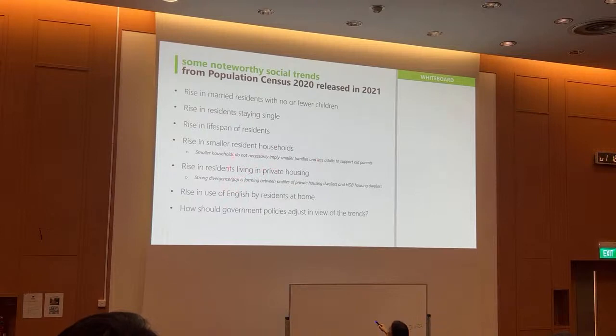Interestingly, there is this rise in residents living in private housing, and the study has found that you have a strong gap forming between the profiles of people living in private housing and people living in HDB flats.